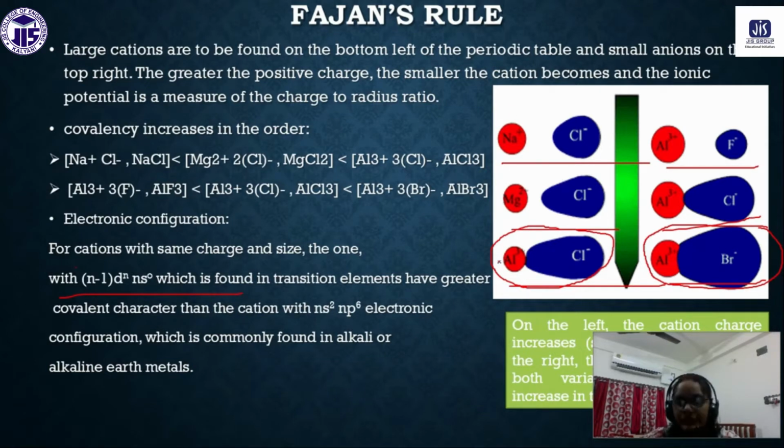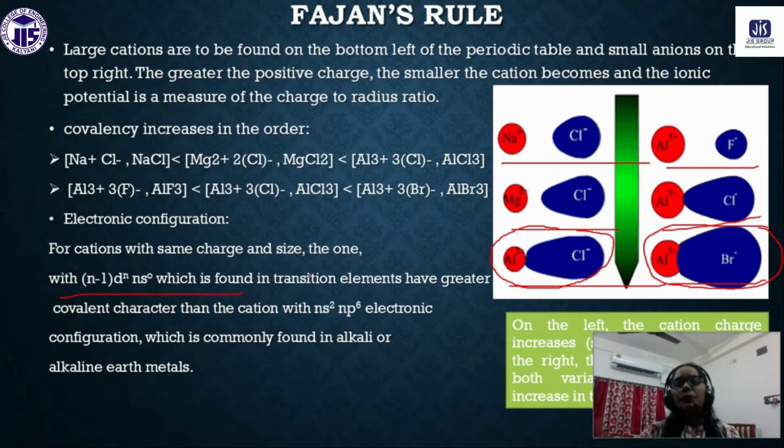And here the size of the cation is lower. Between sodium plus, magnesium plus 2, and aluminum plus 3, aluminum plus 3 is smaller than all these, so it has a higher tendency to make the covalent bond.